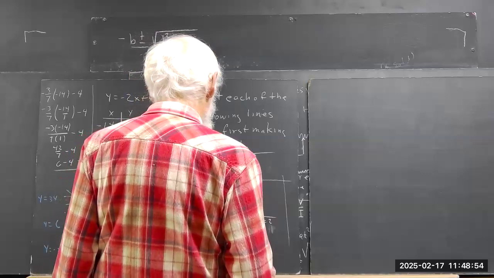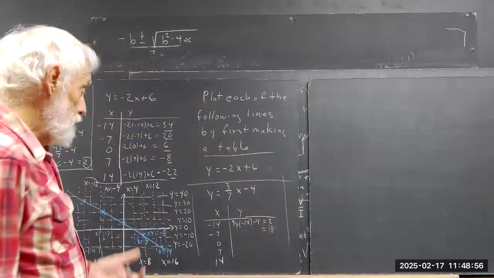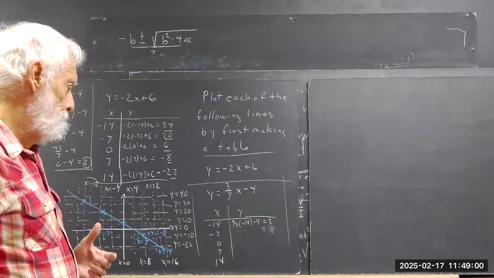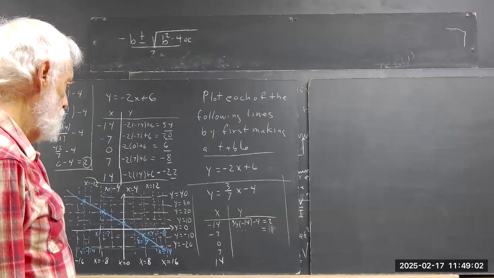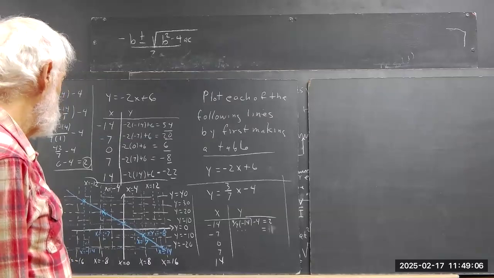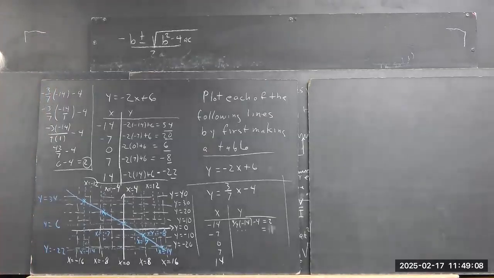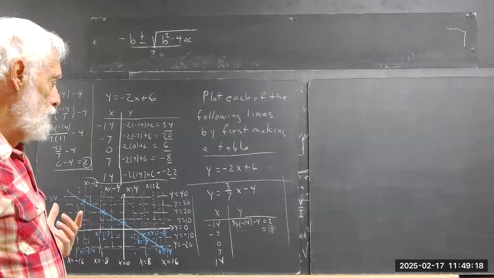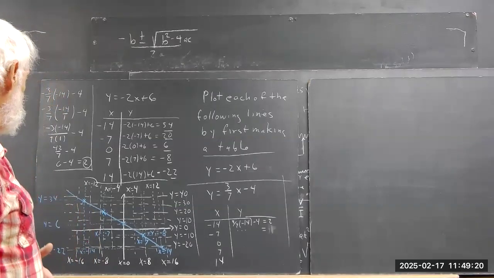We get 2. Okay. -7, we're going to get... do something wrong. 3/7 of 14 is 6. Okay. 3/7 of 7 would be 3. 3/7 of -7 would be -3.